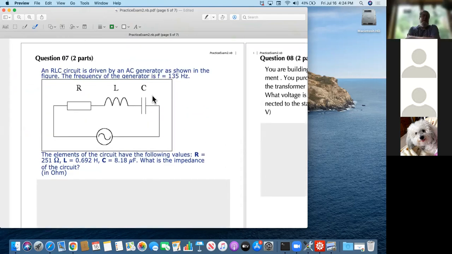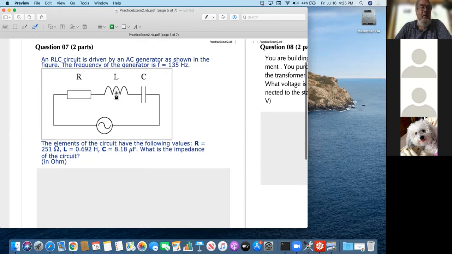Question 7 is an RLC series circuit with an AC generator. So we have an RLC circuit where these are connected in series. And there's an alternating current source of electromotive force.